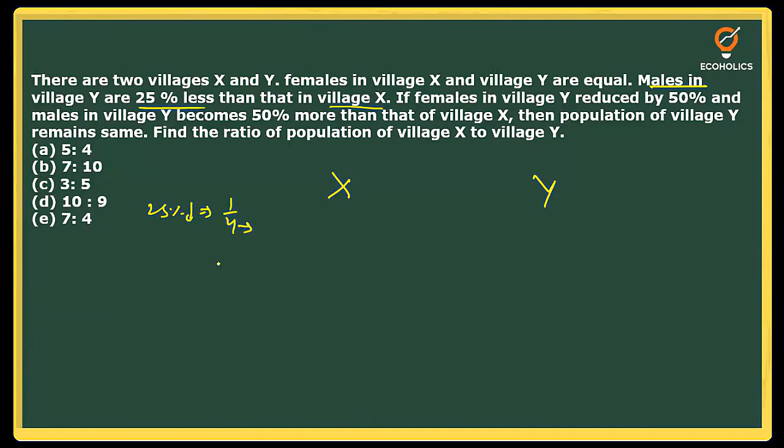When in village X males are 4, in village Y males will be 3. You can write male X, female X, male Y, female Y. So let's say these are 3x.